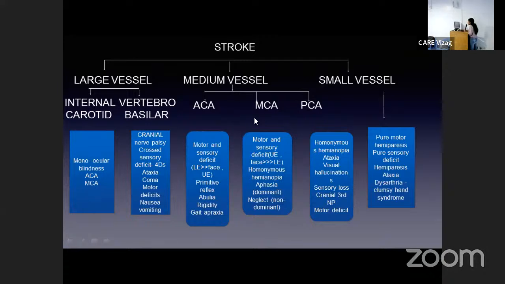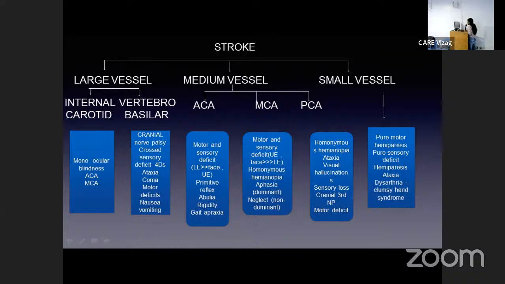Any medium vessel stroke would be an ACA, MCA, or PCA territory infarct. If the ACA territory infarct is involved, both motor and sensory deficit would be found, but more at the level of the lower extremity when compared to the face or upper extremity. Whereas in case of an MCA infarct, it would be more at the level of the upper extremity and face when compared to the lower extremity.